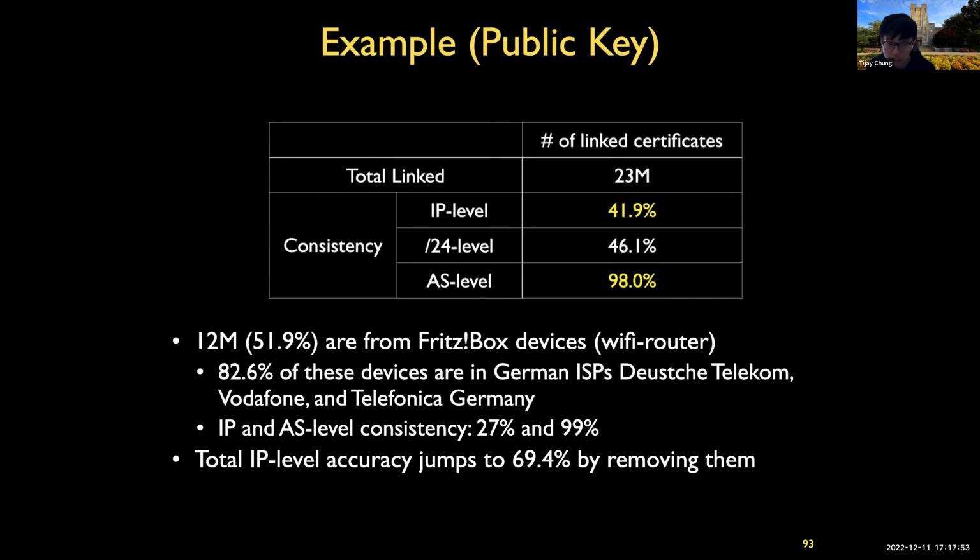So in this example, we found that one Wi-Fi router shares the same public key every day, and issues a different certificate every day, but because they share the same public key, we can link them together.